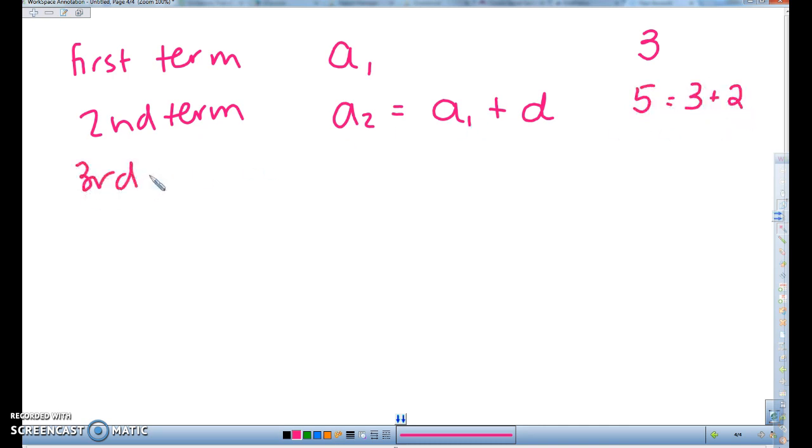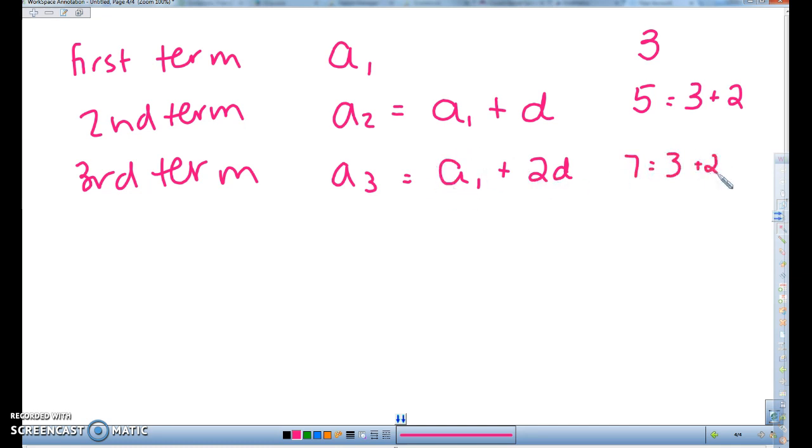Our third term, a sub 3. I can say it's a sub 2 plus d. That's awesome. But let's write it in terms of a sub 1. It's a sub 1 plus 2 times the common difference. So 7 was equal to 3, which was our a sub 1 term, plus 2 times our common difference, 2.